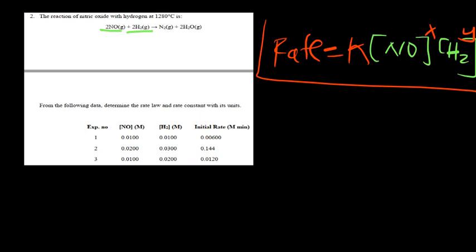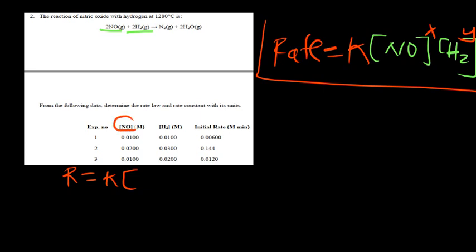Okay, so I can start with the first experiment there and come up with an equation. So my rate is going to be equal to what is my k? I don't know. What is my nitrogen oxide there? What can you see?